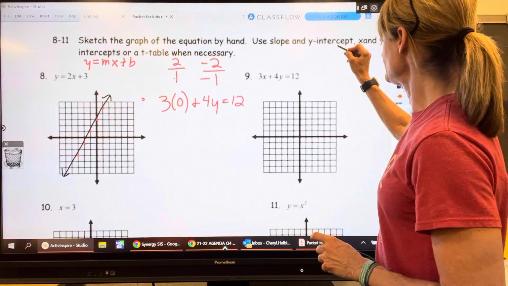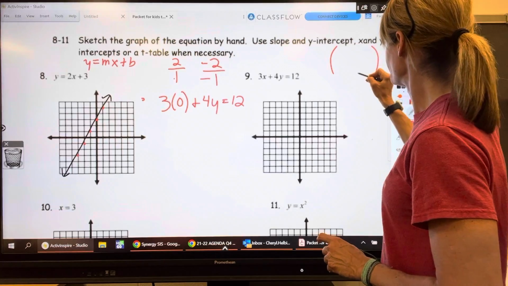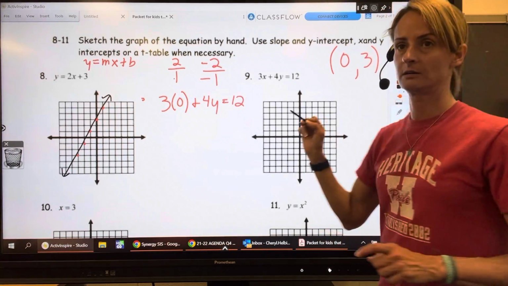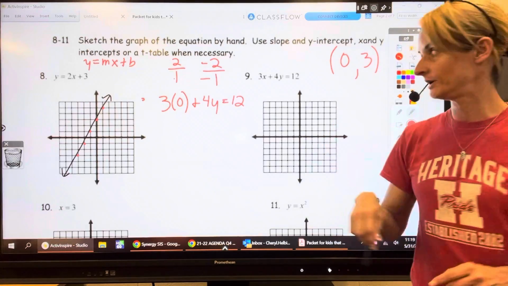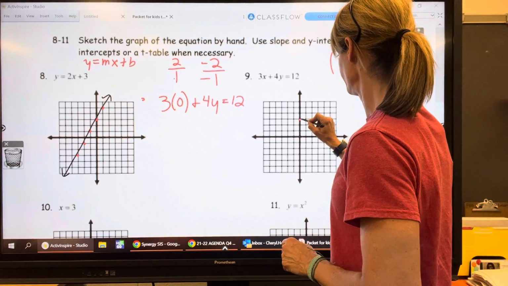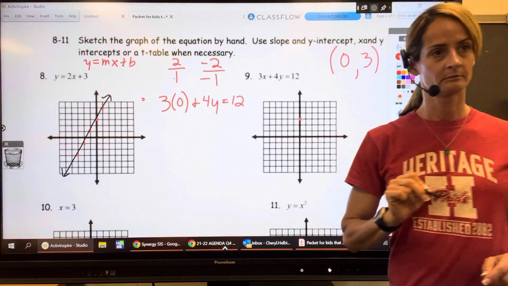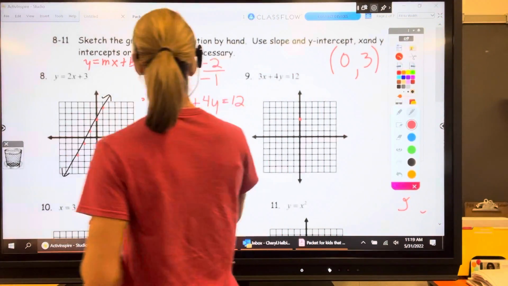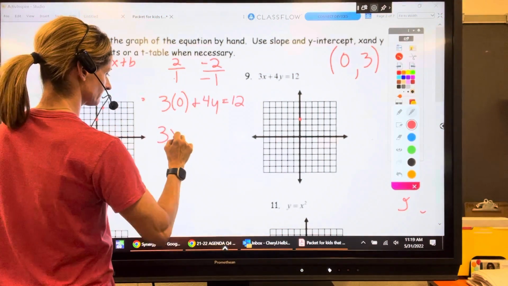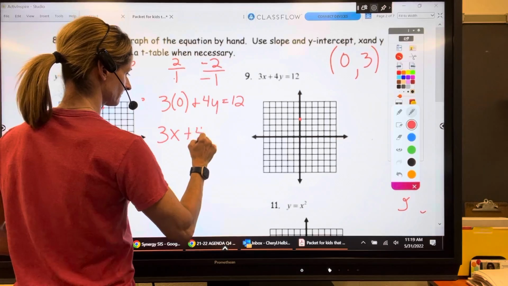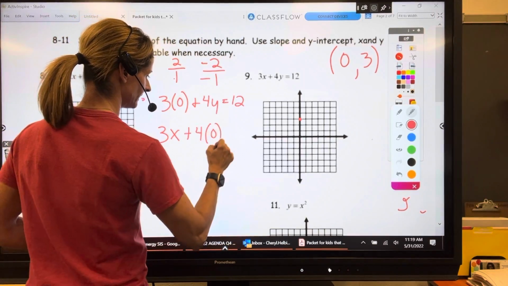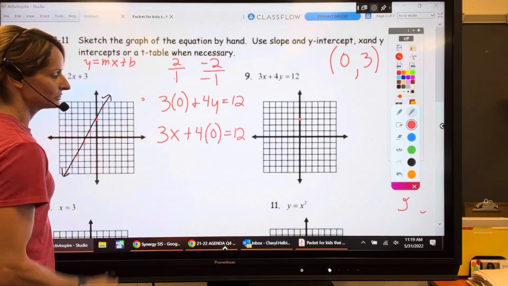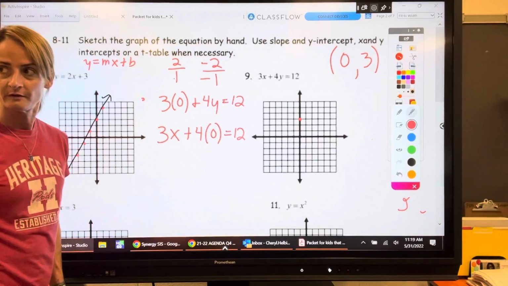So when x is 0, y is 3. Good? Plot that point. So 0, 3. Now I'm going to put in 0 for y. When I do that, 3x equals 12.